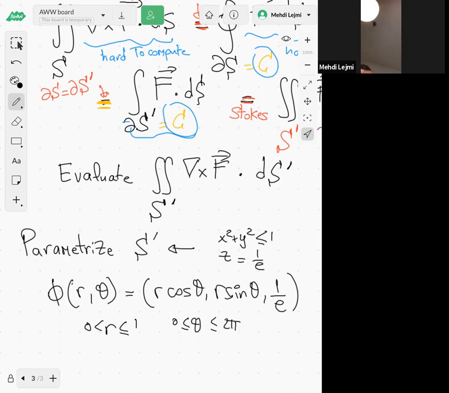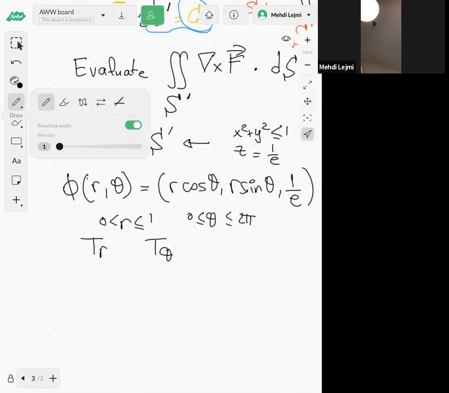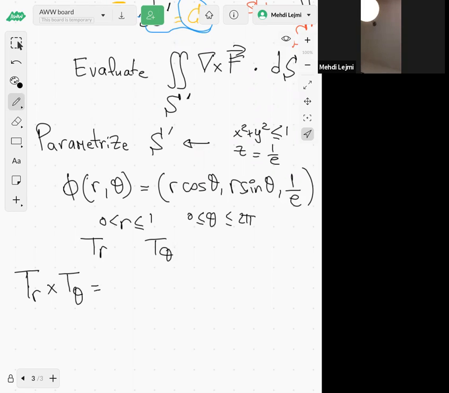So you compute t r and t theta. Now the normal vector, t r cross t theta, is very easy to compute. Actually, the answer here is 0, 0, r.